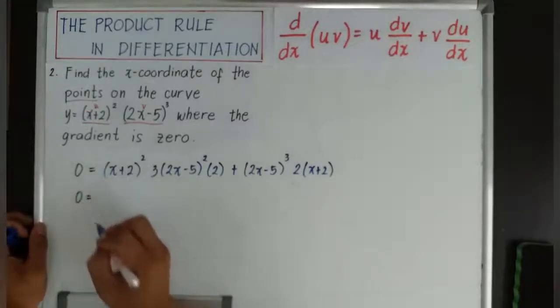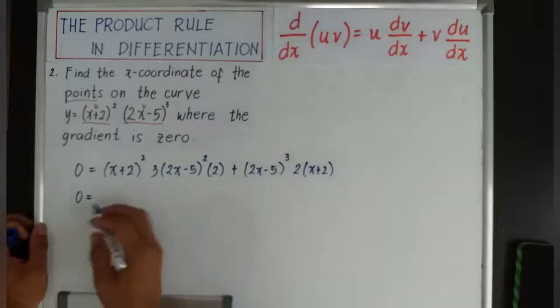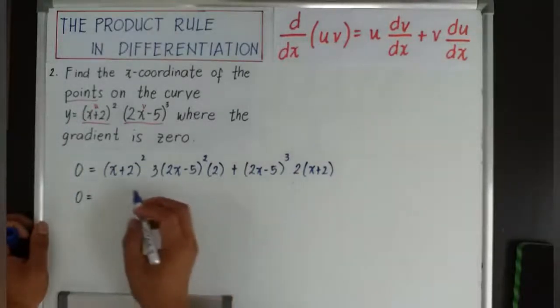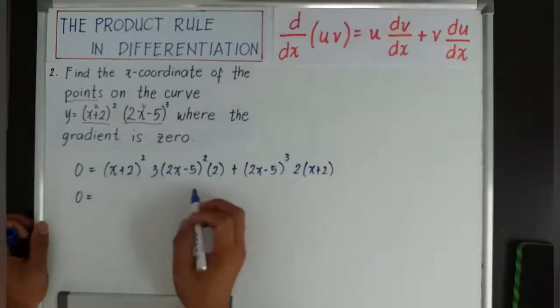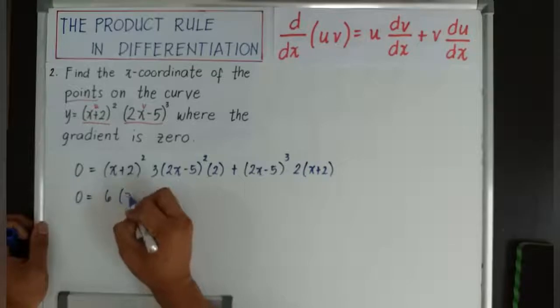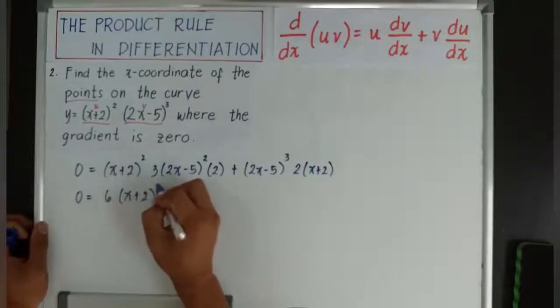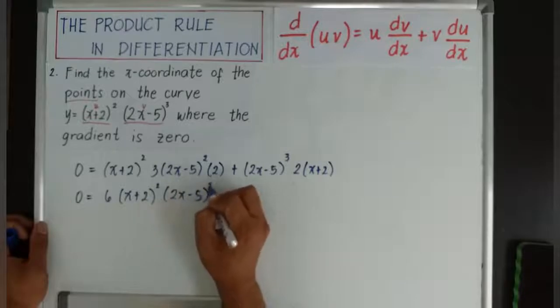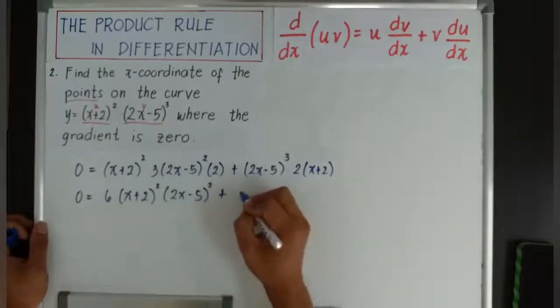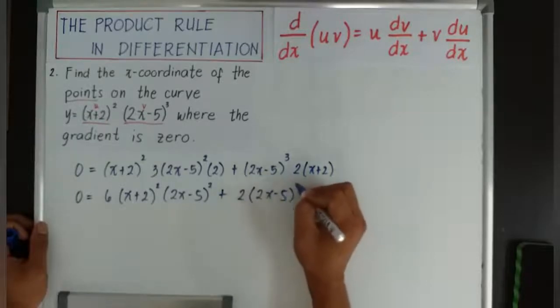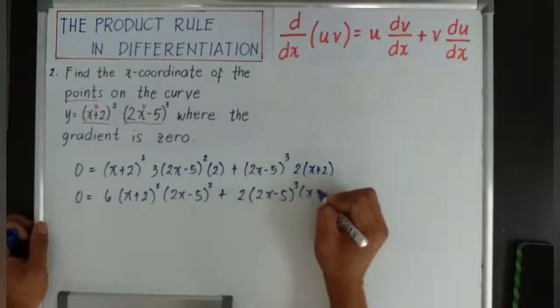So this will become, okay, 0 is equal now to, I have 2 times 3 is 6. Okay, x plus 2 to the power of 2 times 2x minus 5 to the power of 2 plus 2 times 2x minus 5 to the power of 3 times x plus 2.